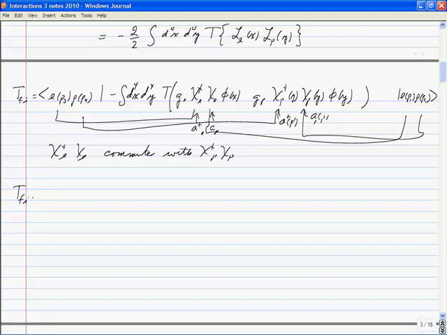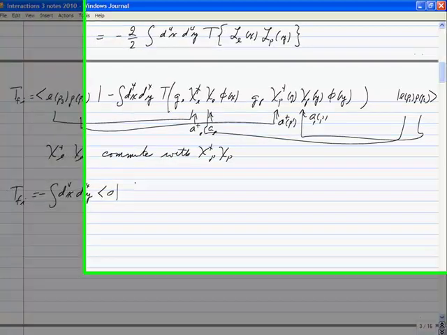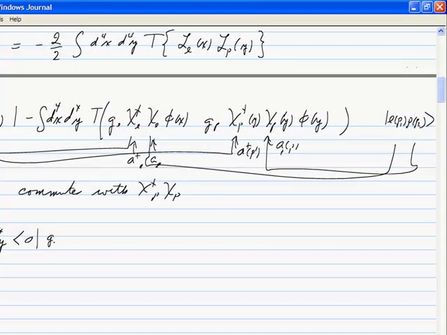So T_FI is, there's a minus sign to carry along, integral d^4x still d^4y. Well, after I've used these guys to kill those creation operators, there's empty state. I get g electron e to the minus i (p1 minus p3) dot x over these normalizations.